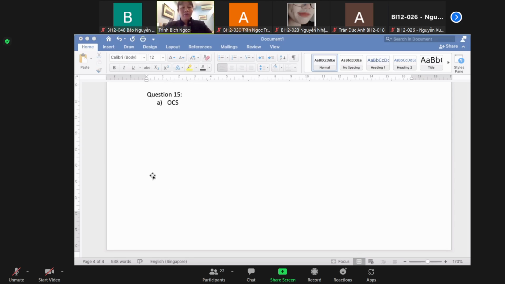So this is the Lewis structure of OCS, carbonyl sulfide. Please calculate the formal charge for me.